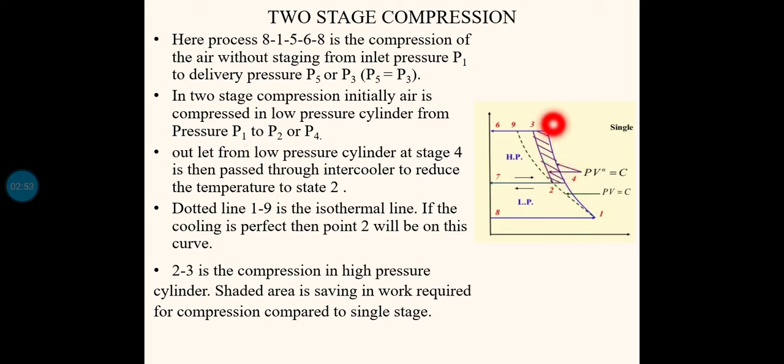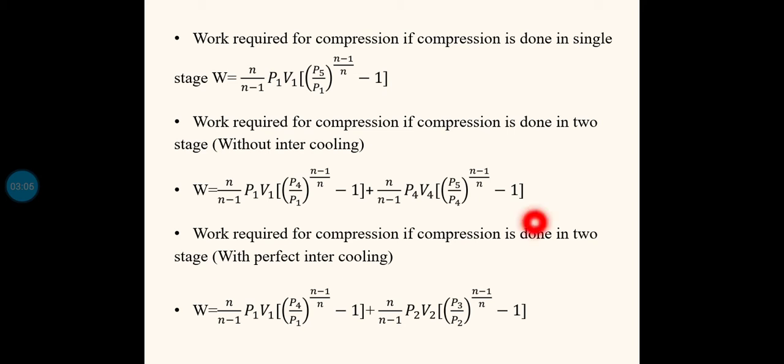Again 4-5 is the continuation of this line, and the process is polytropic, PV raised to n equal to constant. The expression for the work requirement is n by n minus 1 P4 V4 into (P5 by P4) raised to n minus 1 by n, minus 1. The final pressure is P5 and the initial pressure is P4.